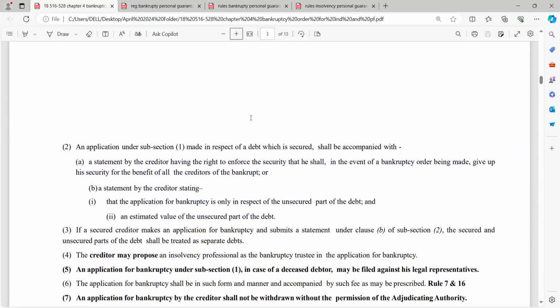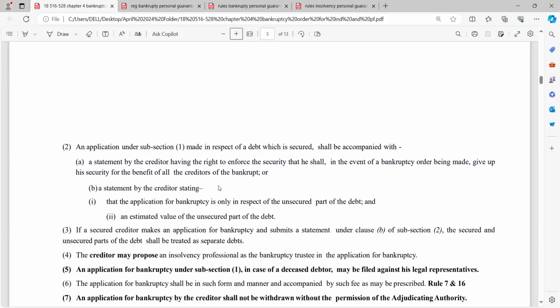Now actually, if we read section 122, 123, 123(2) says a statement by the creditor having the right to enforce the security that he shall, in the event of a bankruptcy order being made, that means the application being admitted, give up his security.